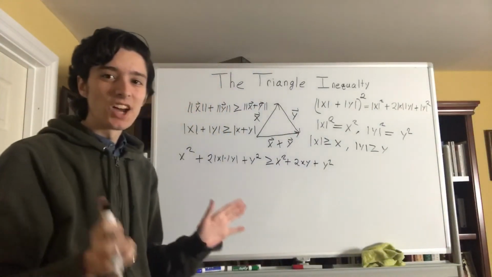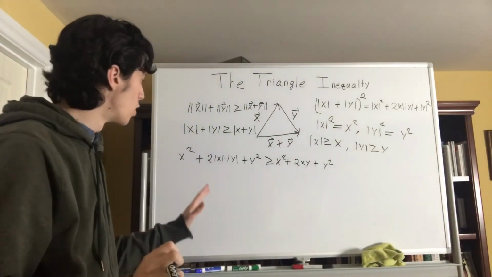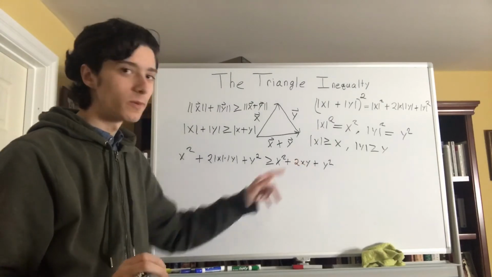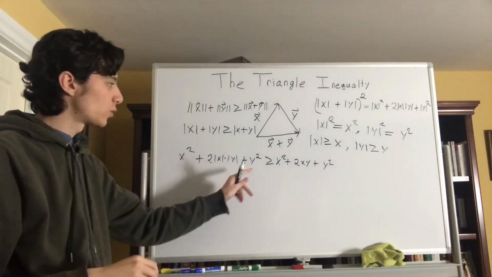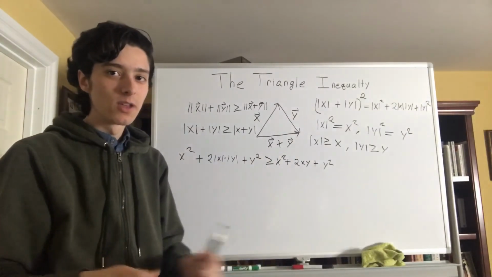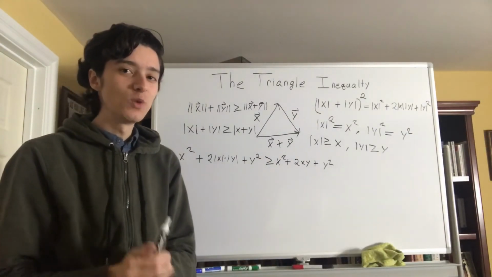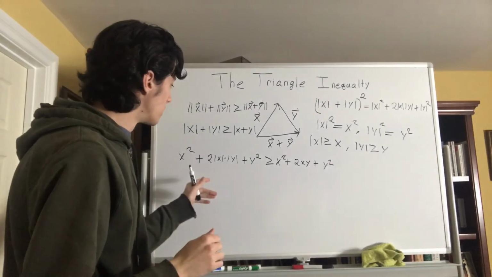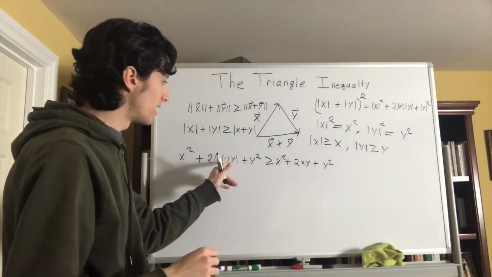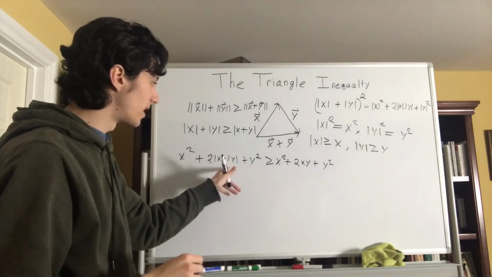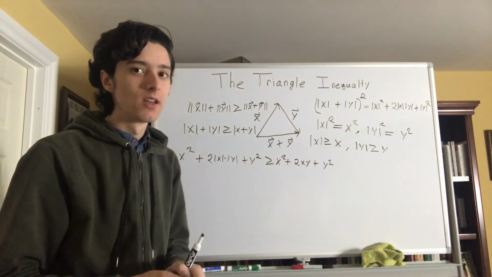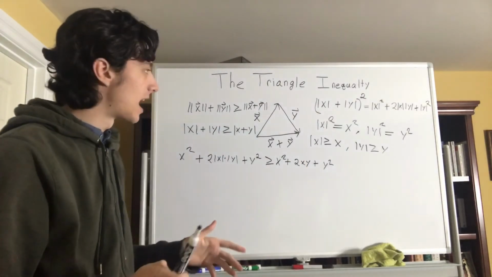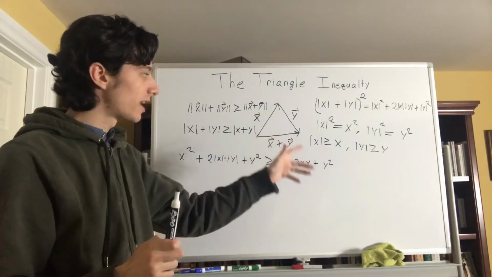And again, to understand why this statement is true, we can think about it that this x squared and y squared is the same in both. So then what you're just doing is you're adding this 2xy, 2 absolute value of x, absolute value of y. And here it's just 2 times x times y. So again, absolute value of x is greater than or equal to x.